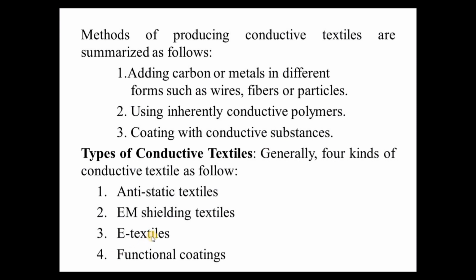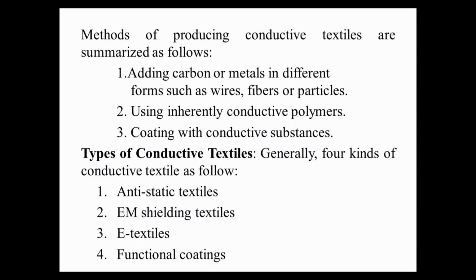Methods of producing conductive textiles are summarized as follows. First one, adding carbon or metals in different forms such as wires, fibers, or particles. Using inherently conductive polymers, and coating with conductive substance.